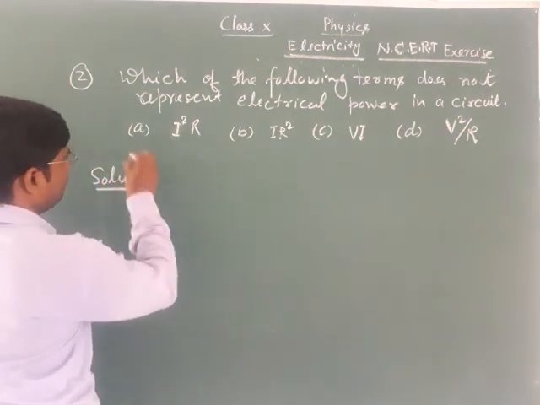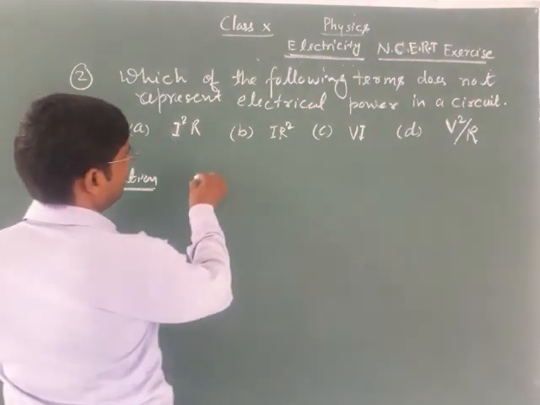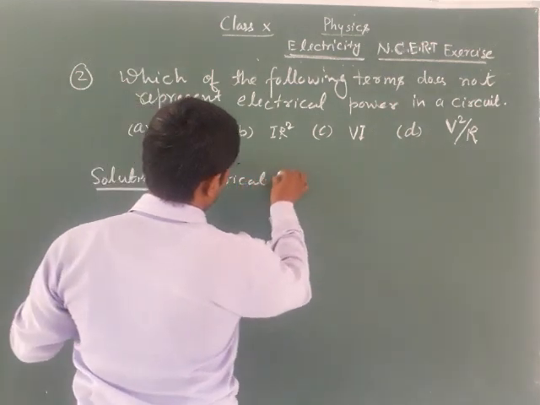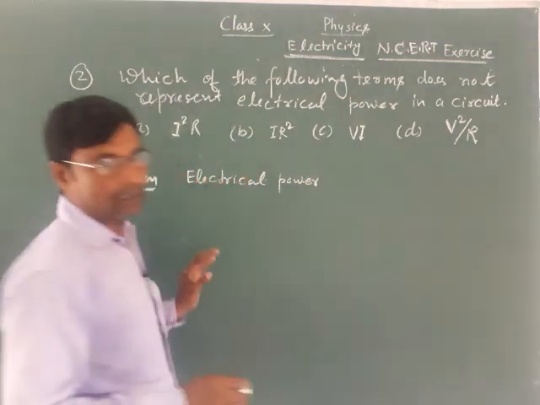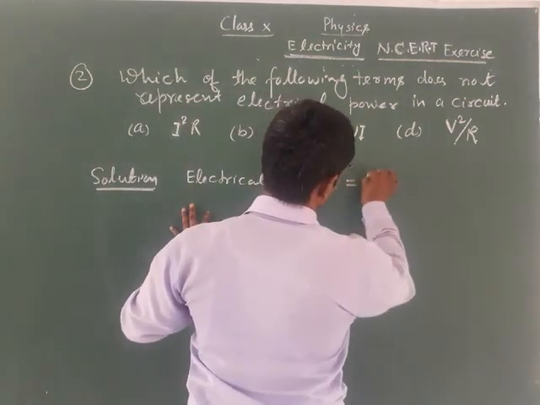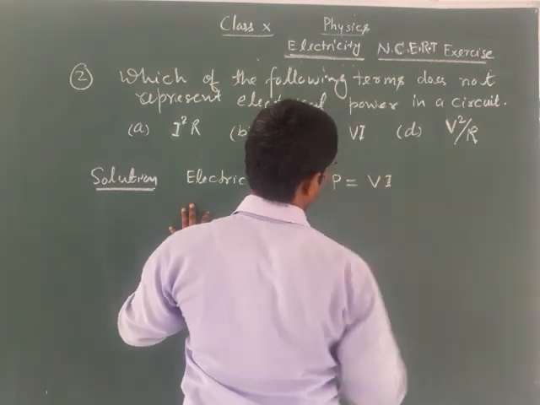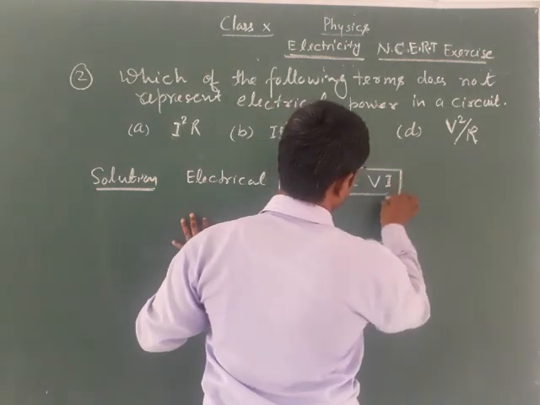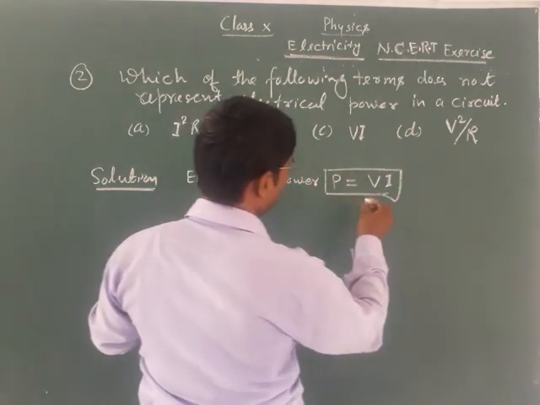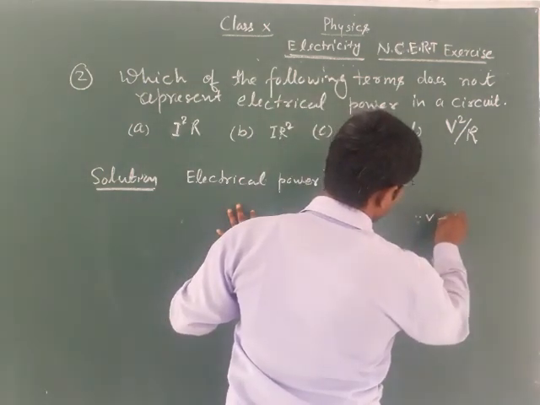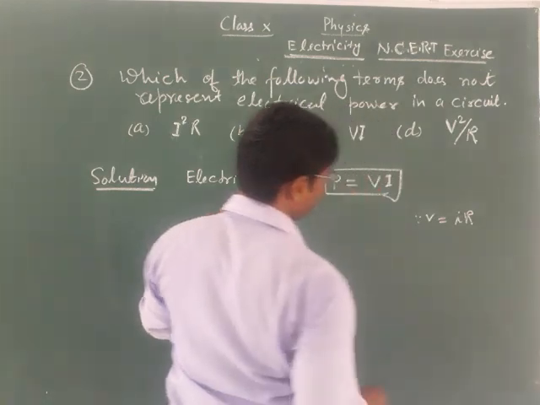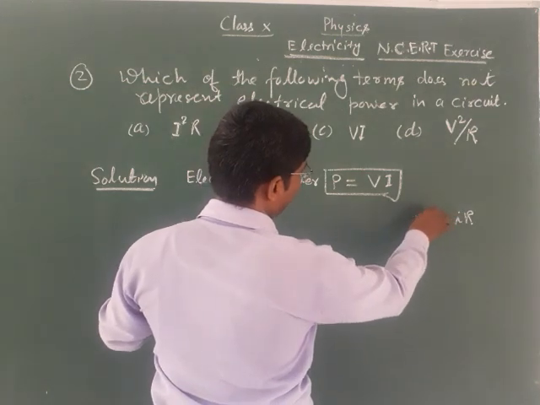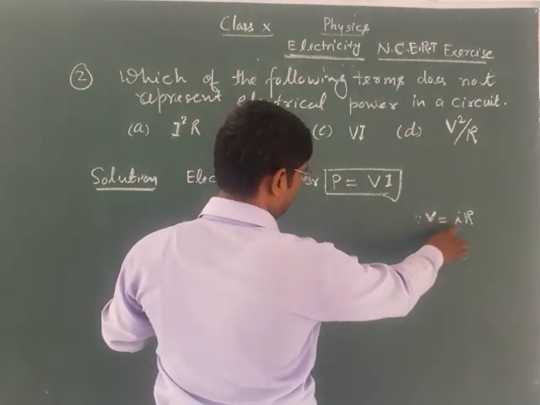Electrical power P is equal to V into I. So this is V into I, this is option C. Also, by Ohm's law V is equal to IR, where V is potential, I is electric current, R is resistance.